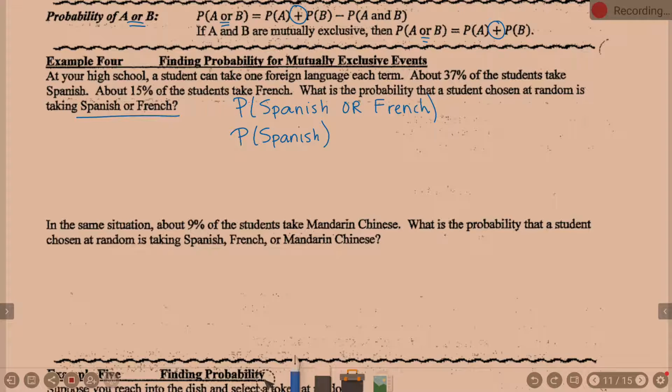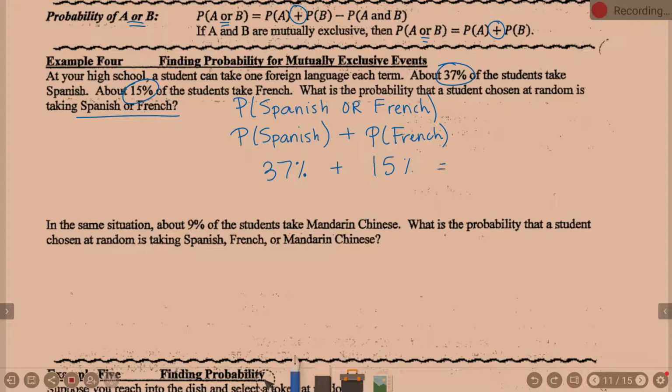Given is 37%. Or, because I see the word or, I know I'm going to add. What is the probability of a student taking French? 15%.